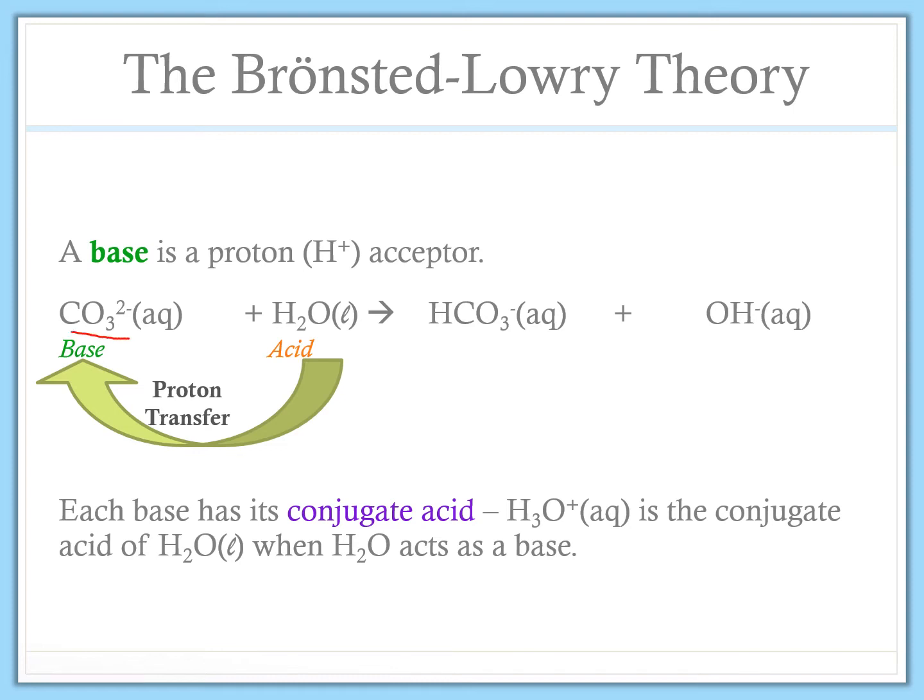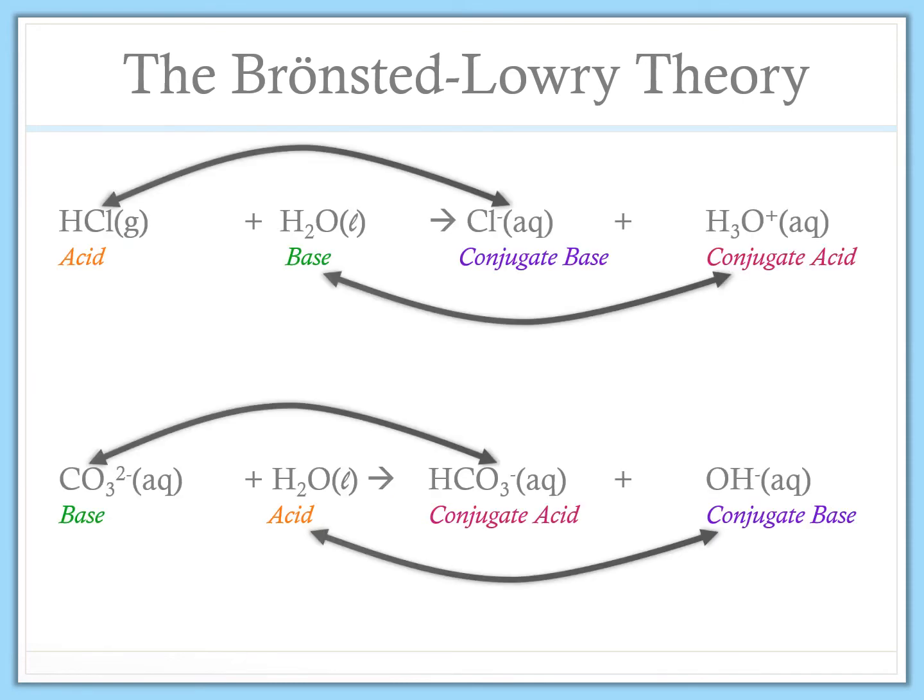So we've got this base here, CO3 2-. You can see that it is happy to accept a proton, and it accepts it from this H2O right here to give us HCO3-, which is the conjugate acid, and OH- is the base that's left over when the water gives up a proton. And this confusing diagram basically illustrates that.